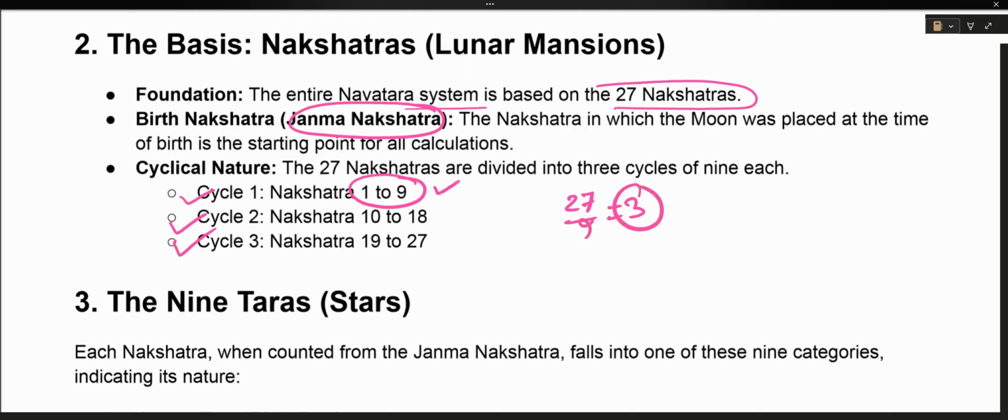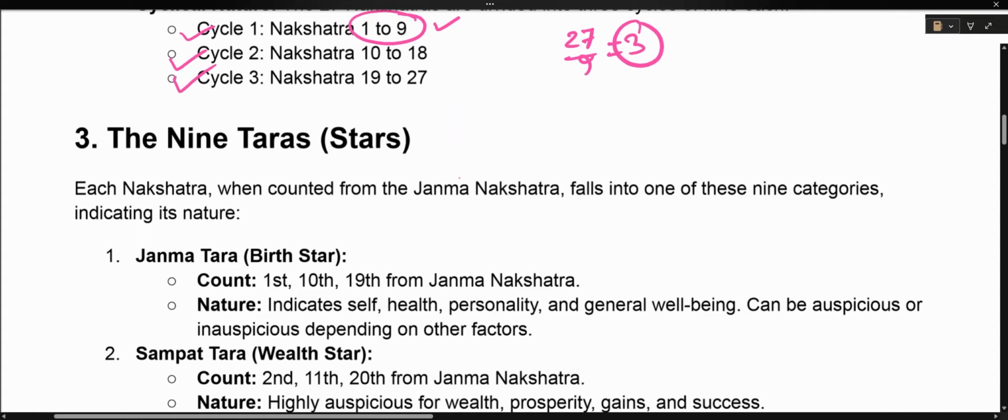In the first cycle we count from the Janma Nakshatra up to the 9th. The Janma Nakshatra will be the first, then whatever comes next in the queue will be the second, then third, fourth, up to 9. After 9 the classification restarts again. You will understand after some time.